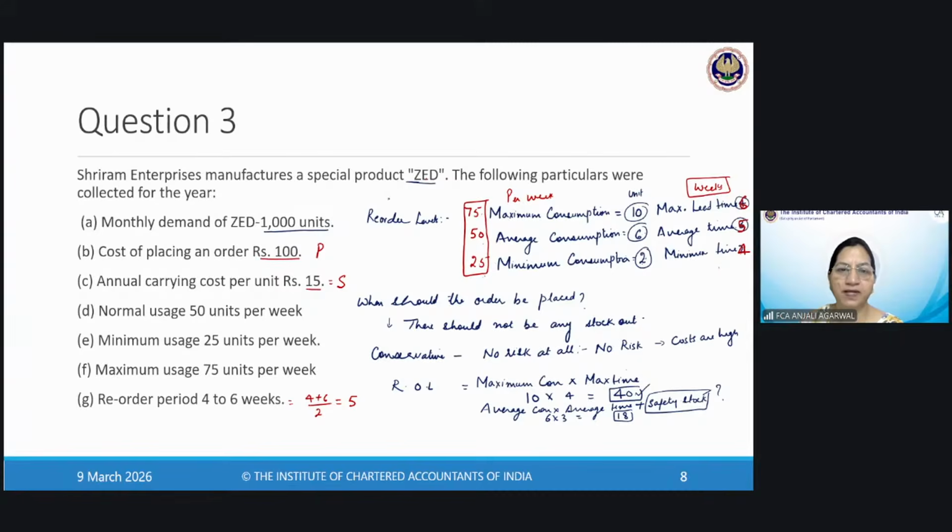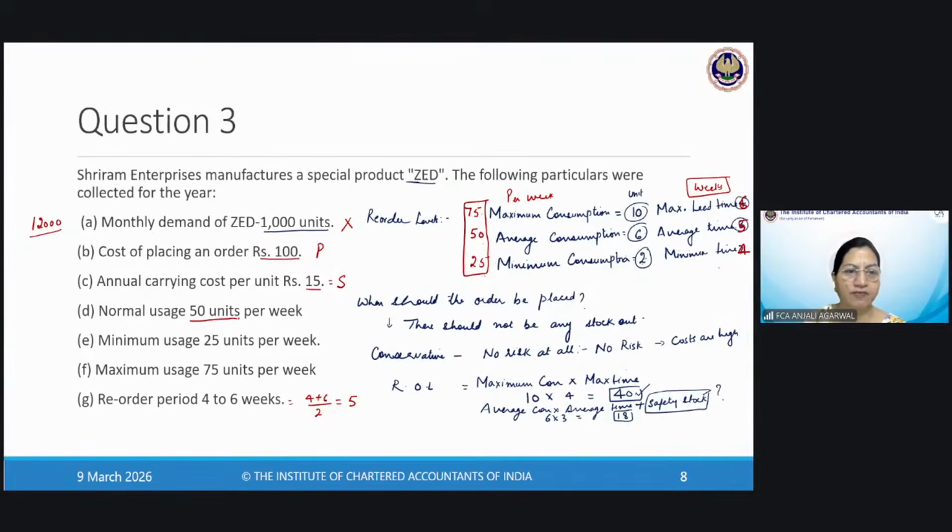We are producing Z. Monthly demand of Z is 1,000 units. So annual demand is 12,000 units. But 12,000 is not our usage. 12,000 is not the correct answer. Why? Because we are interested in managing the raw material.